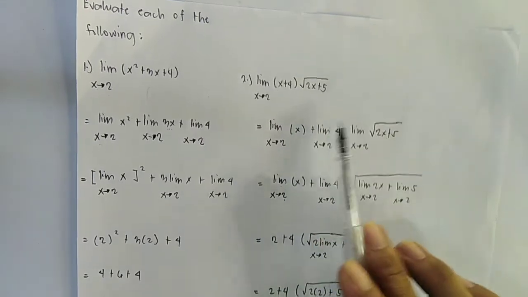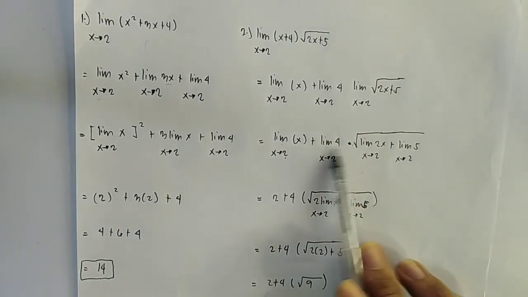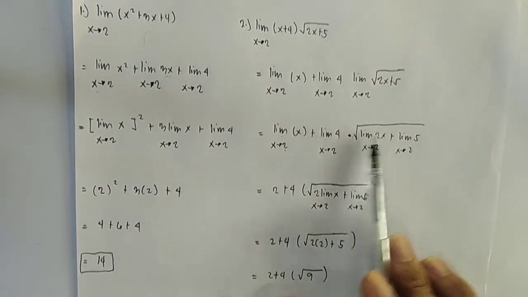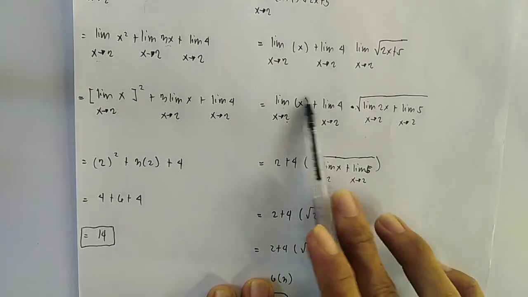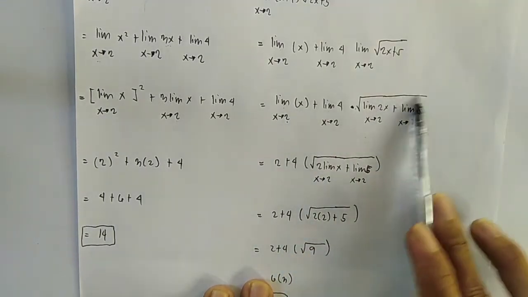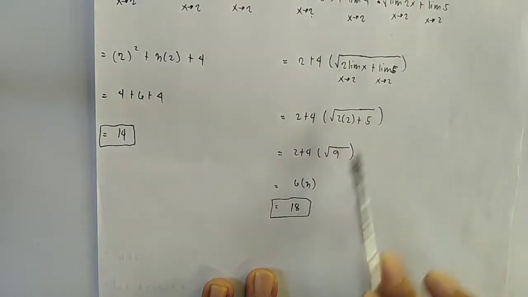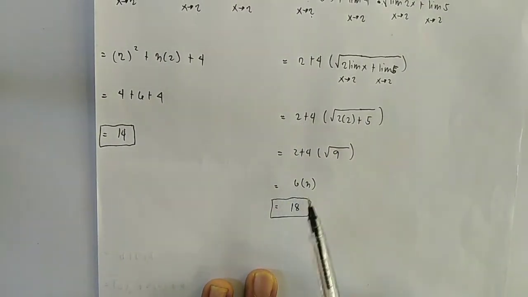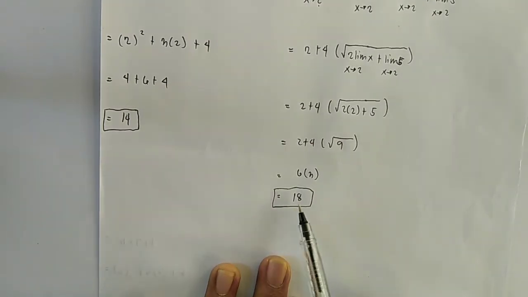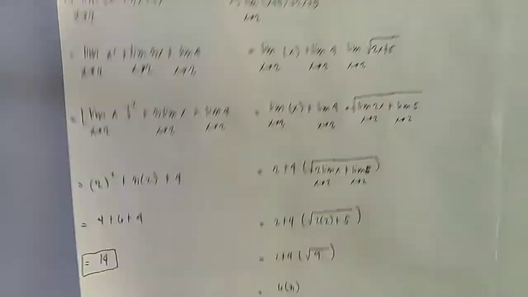Since this is multiplication, then at the end you are going to multiply the two expressions. As you can see here, we multiplied the left side with the right side. Then after that we simplify and get the answer. So we have 18 as the answer. Okay, so let us move on to the third example.